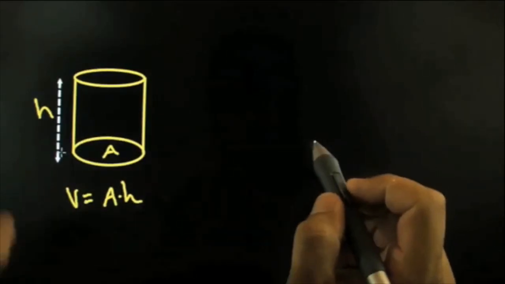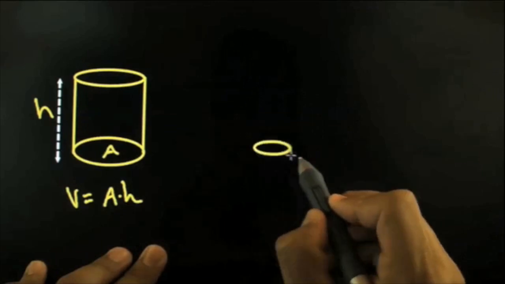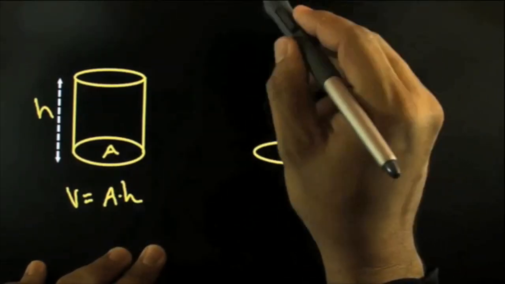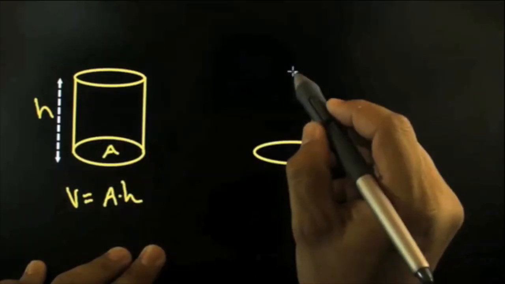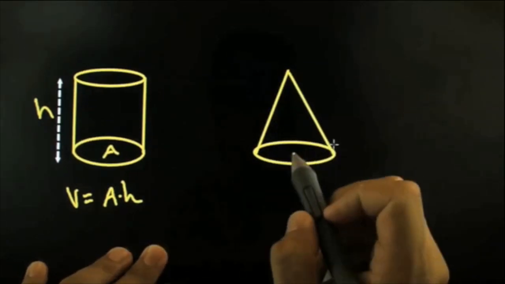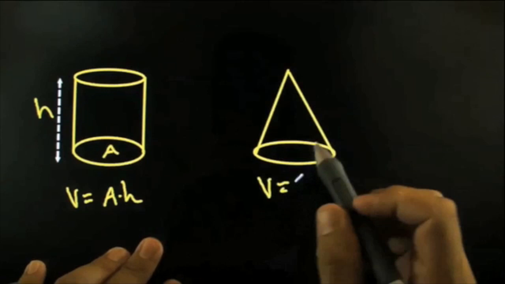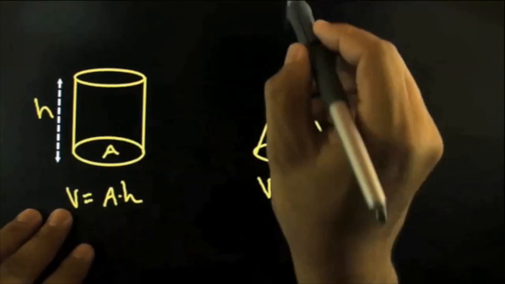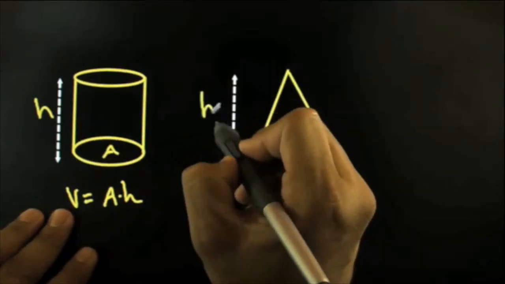Now, if we compare that with what I'm saying right now, by the way, these are called cones. Suppose you start off with the same area as there, but this time you end up with not exactly the same type of cross sections as you move up, but they get smaller and smaller and smaller to end up in exactly one point. And the question that we're contemplating now is, suppose you have the same height, by the way, everything else the same. So this is also h.